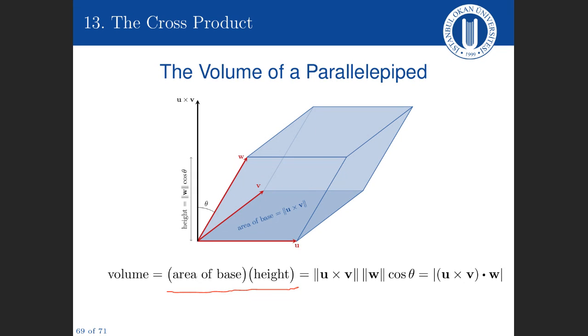Area of a base, we already know the area of a parallelogram is the norm of u cross v. Using trigonometry, we can find the height is the norm of w cos theta. Multiply these together, and what do we have? We actually have the absolute value of the triple scalar product of u, v, and w.